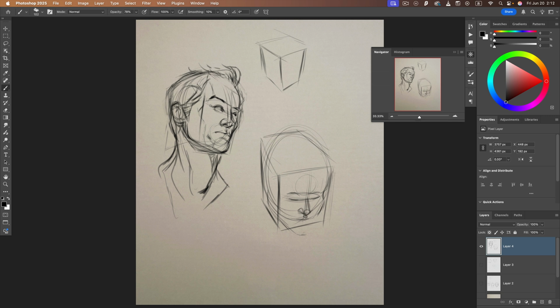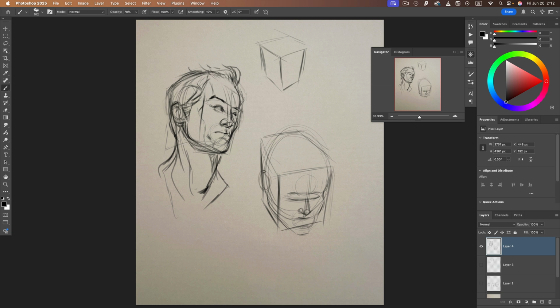Actually, the more that I tilt this head down, the less of the mouth I should be seeing. The more this is being tilted down, again, I try to imagine this part of the mouth coming out as a three-dimensional thing. Chin is here.